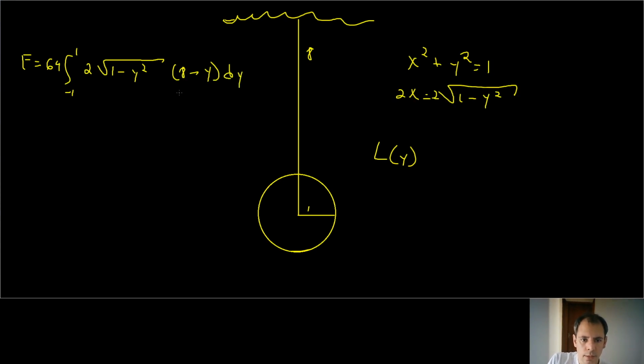Over here Y equals 1, so the depth from here to here is 7, 8 minus 1. When Y is minus 1, you have 8 minus minus 1, the depth is 9.